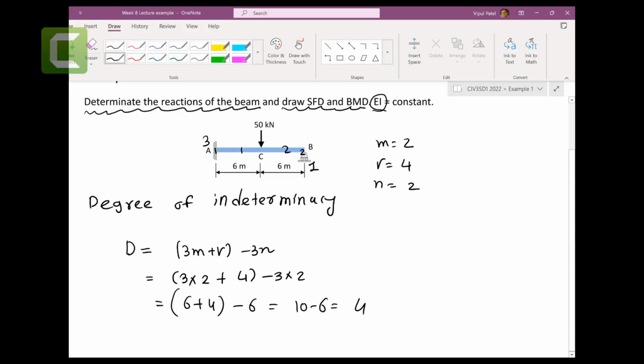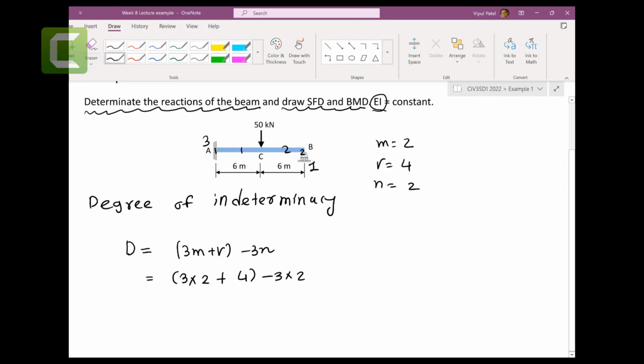All right, let me find that equation. 3m plus r minus 3n. So why is it not working?